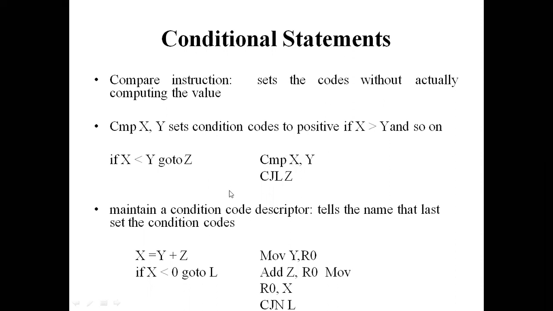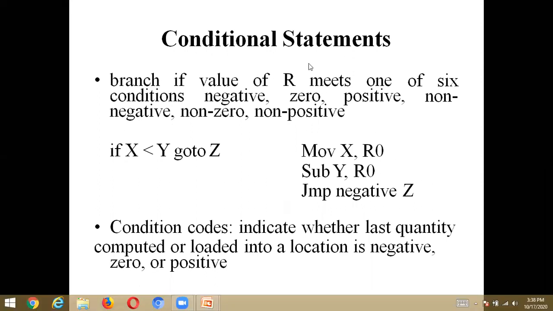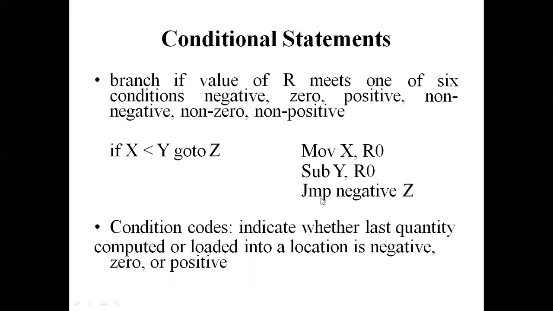And these are the representations of the code sequence in a machine level language from the given source code. If the given source code is in the form of conditional statements, for example, you need to compare any two variables, then you need to use the machine code like this. That is the target code sequence. Or for the conditional jump, go to Z, you need to write like this, right? Because this is also conditional, here also we are using a negative.